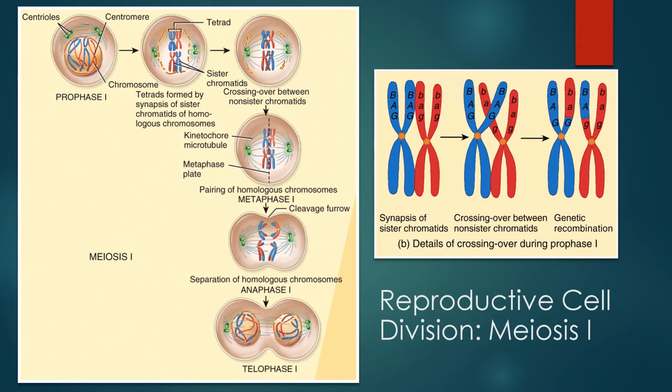Meiosis 1 begins once chromosomal replication is complete, and it consists of 4 phases: prophase 1, metaphase 1, anaphase 1, and telophase 1.